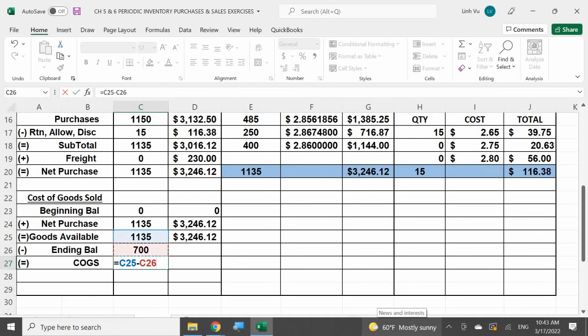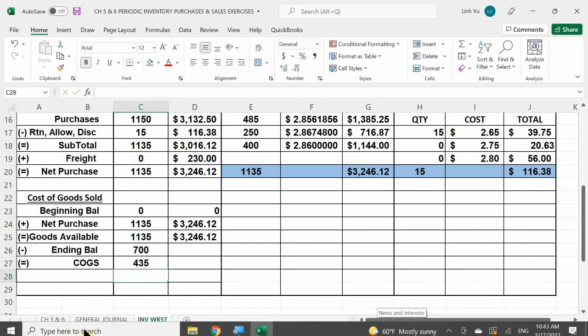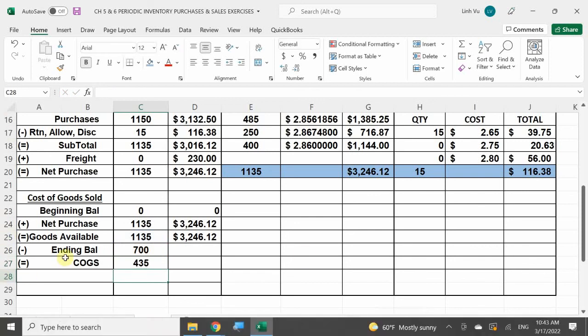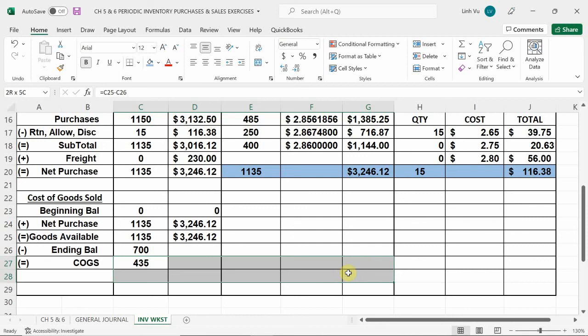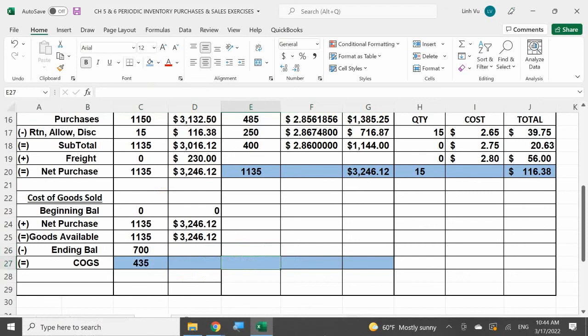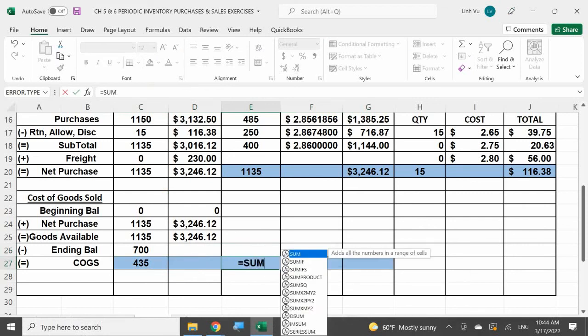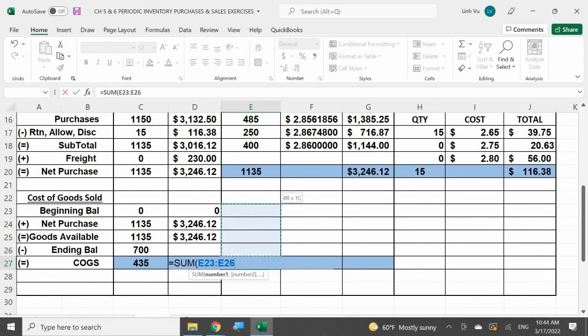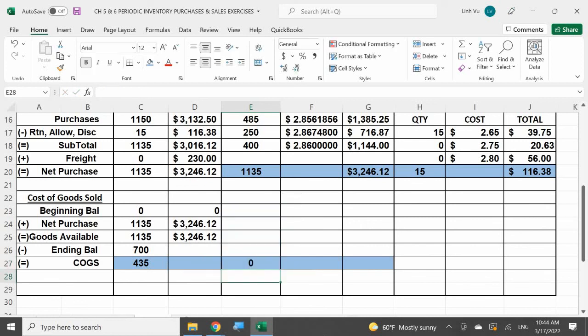How many units did we end up actually selling? 435 units. So let's go ahead and solve here what 435 units are going to be. So equals sum here. I'm going to create my running balance.